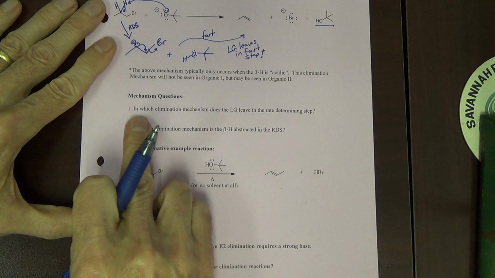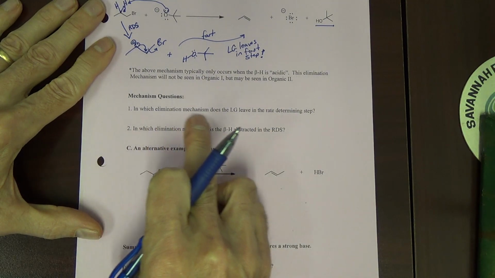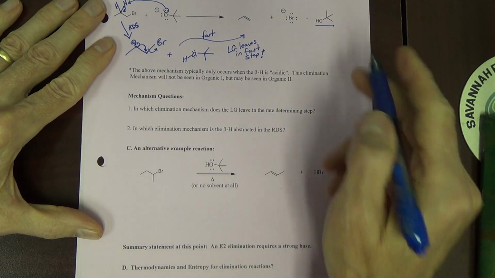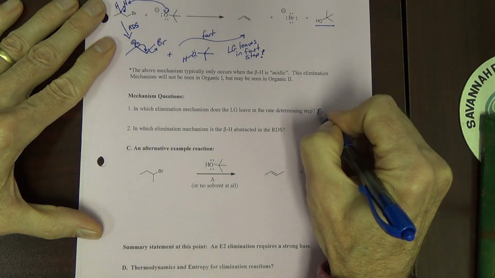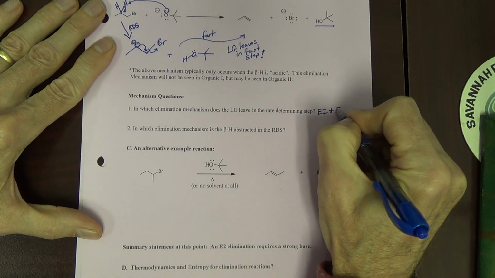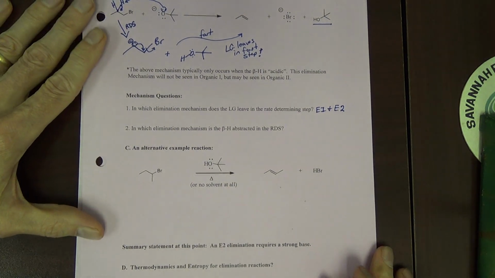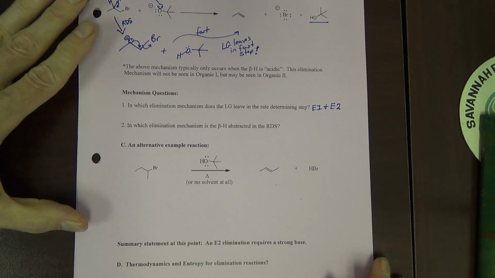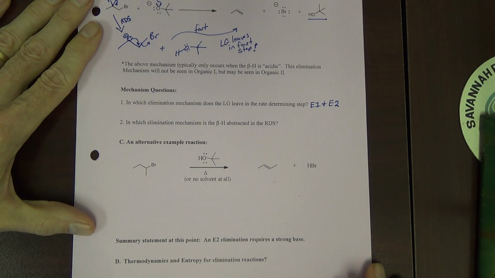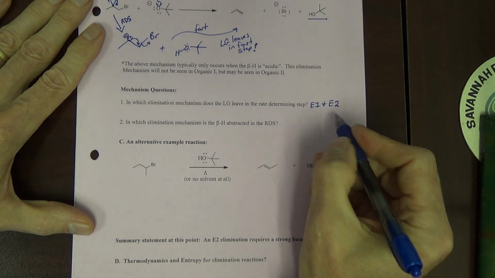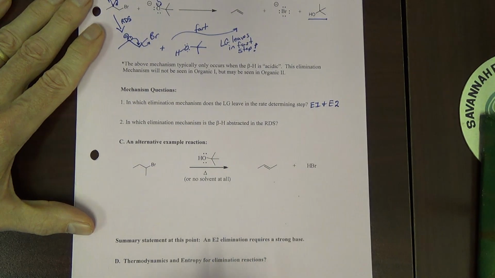Okay, we've already answered the first question. In which elimination mechanism does the leaving group leave in the rate determining step? Well, both E1 and E2. I should have let you answer that on your own because you really need to be looking back at the details there.